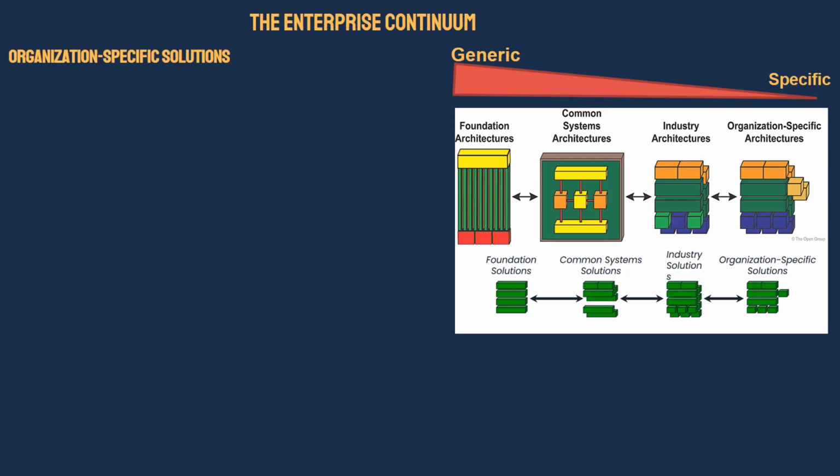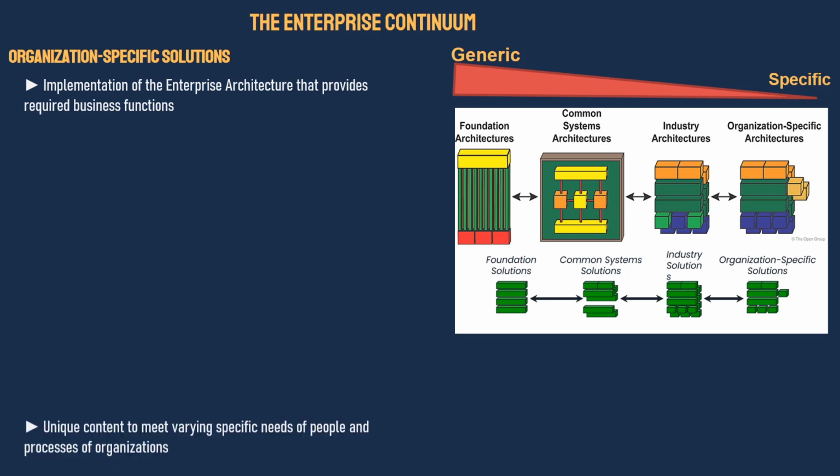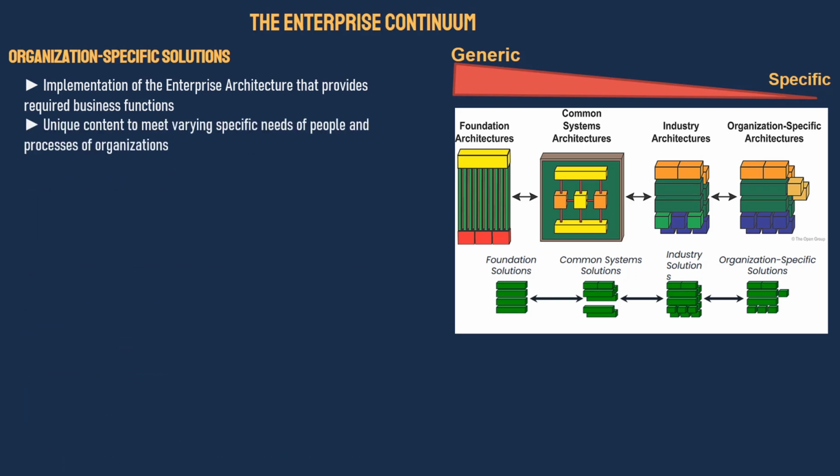Organization-specific solutions: implementation of the enterprise architecture that provides required business function. Unique content to meet varied specific needs of people and the processes of the organization. Support specific service level agreements, key operating parameters, and quality metrics.